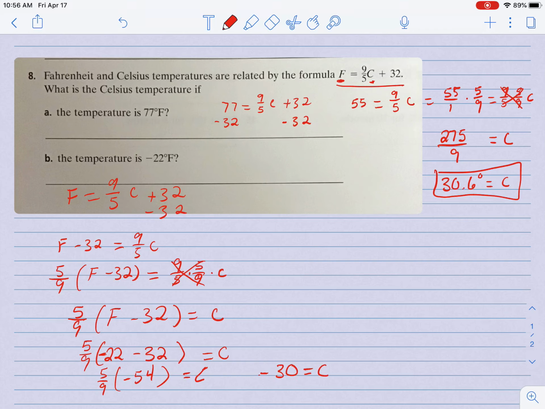So there we've rewritten that function. So if you're going to be continually doing conversions from Fahrenheit to Celsius, you'd want to rewrite this equation so that it's easy to just put something in instead of going through each step each time. What you'll notice though is all these steps are pretty much what you're doing here. It's just an easier format to rewrite this first to convert from Fahrenheit to Celsius.